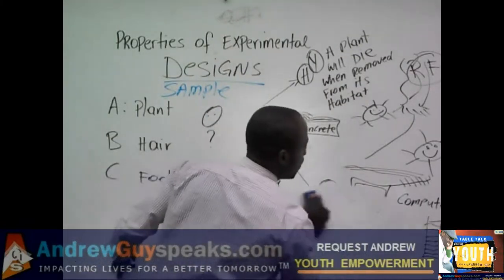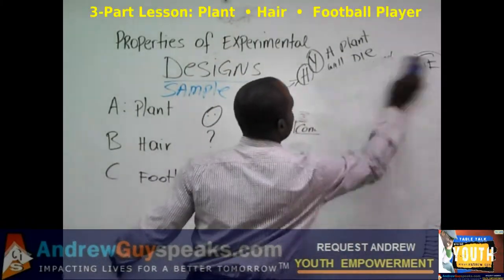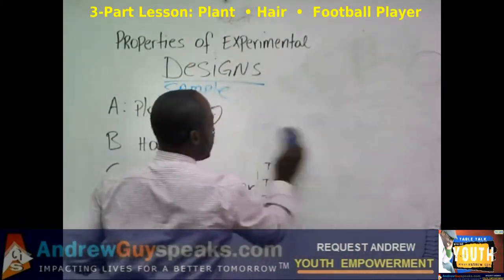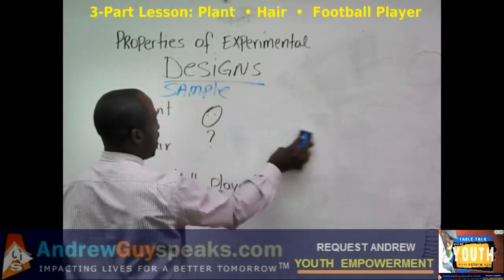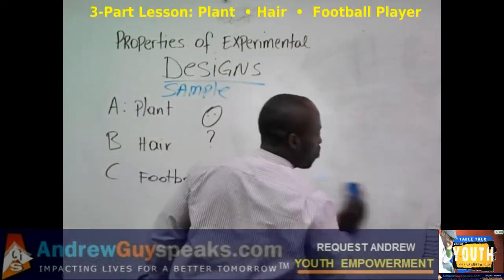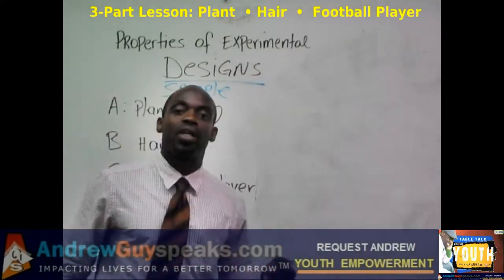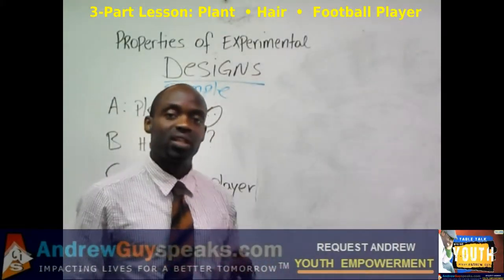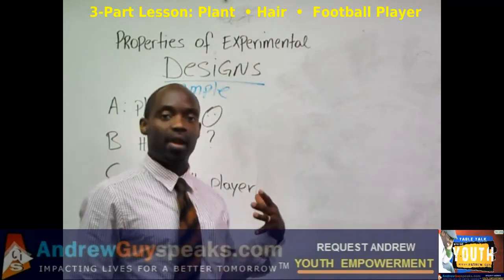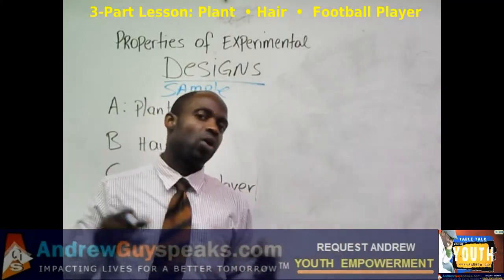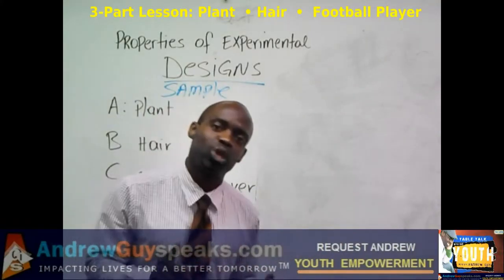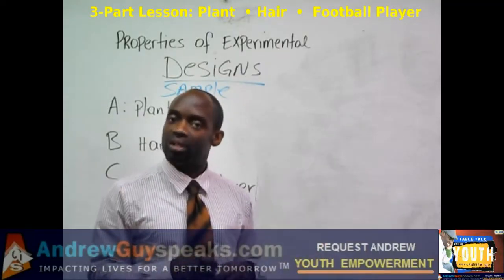The next one that we want to talk about is, let's say for example, we want to test hair, you know, normal hair, okay? We looked at this lady walking down the street, and she had flowing hair, but from a distance it was hard to tell if it was real or synthetic.